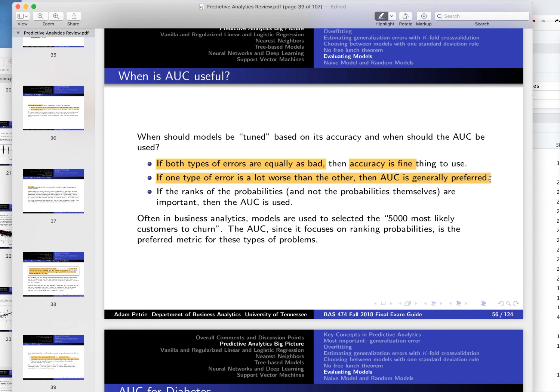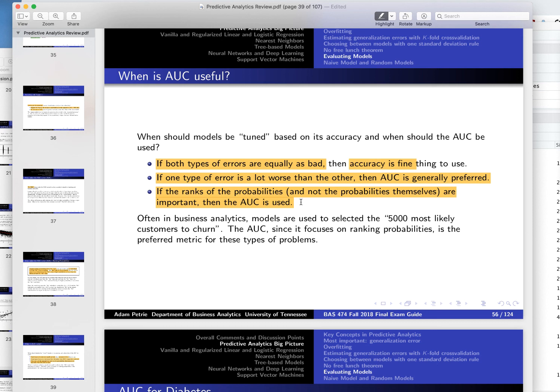So, if I were to predict yes versus no for click-through, I would say accuracy might be fine to tune models on. And then finally, if you're more interested in the ranks of these probabilities, not really the probabilities themselves, as long as, say, the churners in the data set are getting like a 5% chance of churning, and the non-churners are getting like a 1% chance of churning. Well, 5 is higher than 1. They're ranked correctly. Then that's really what we're after.